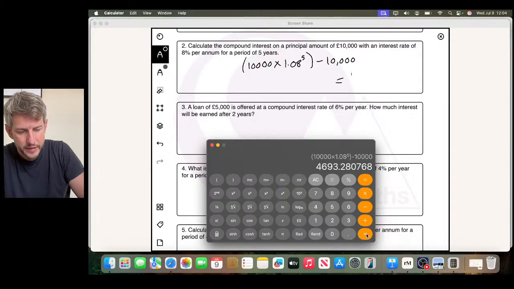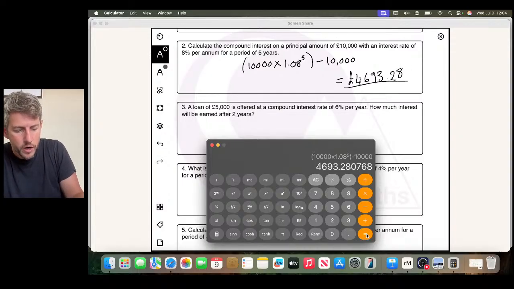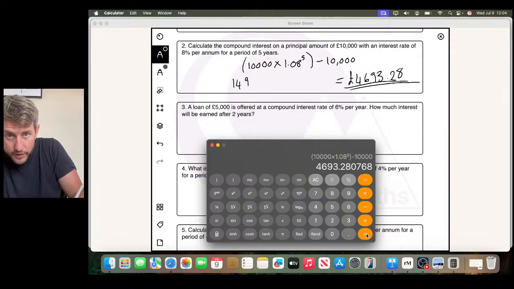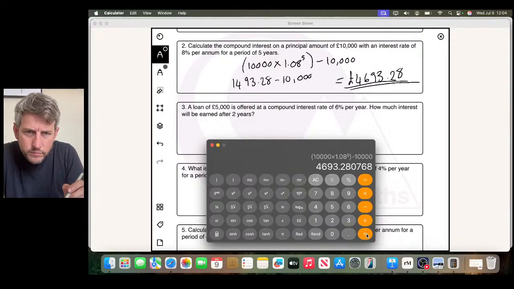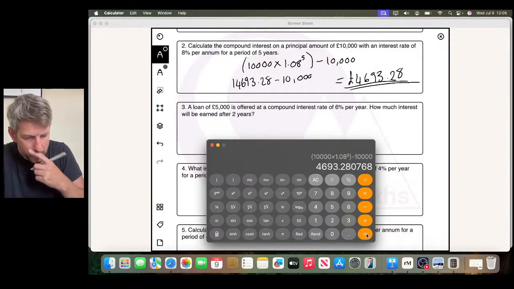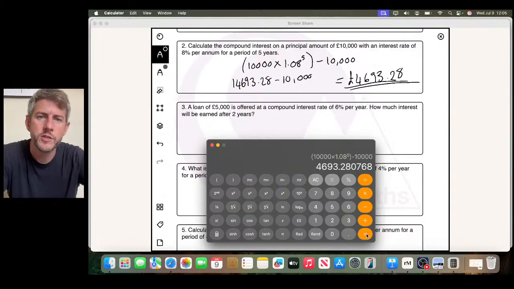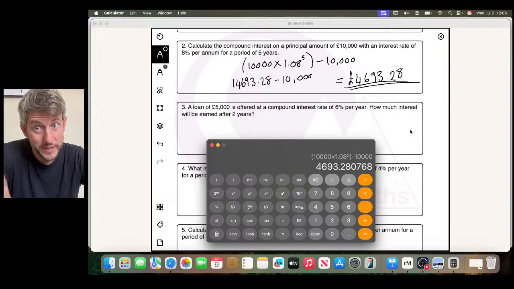So this should be £4,693.28. I'll just make a note over here that this would have been 14,903.28, take away 10,000. There we go. I'm nervous about whether the answers are going to be right, but we'll find out.